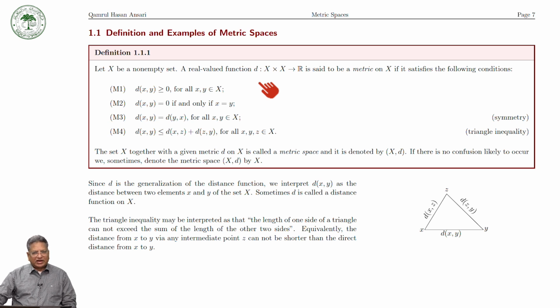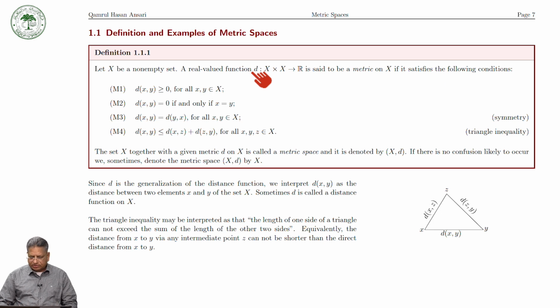You can say that this d which we have defined satisfies these four properties. So any rule which satisfies these four properties can be used to calculate the distance between any two points in a non-empty set X.